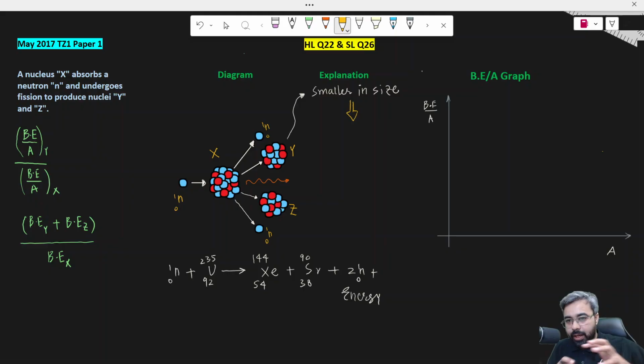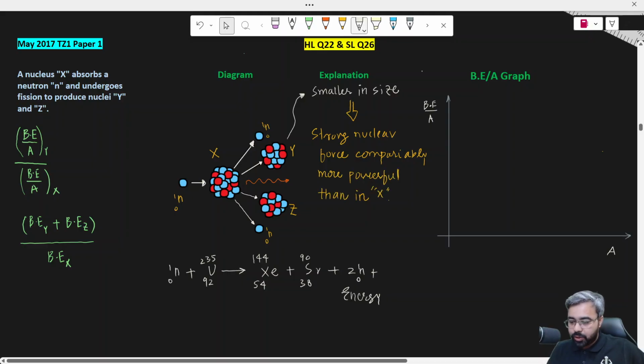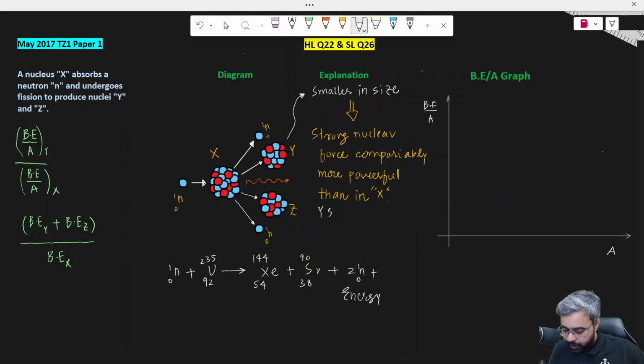It means that within those nuclides of Y and Z, the strong nuclear force, the force responsible for binding the protons and neutrons and overcoming the repulsion between the same-charged protons, is comparably more dominant, more powerful than in X. So that's why we say that Y and Z are more stable.